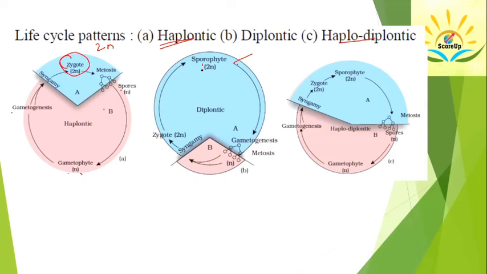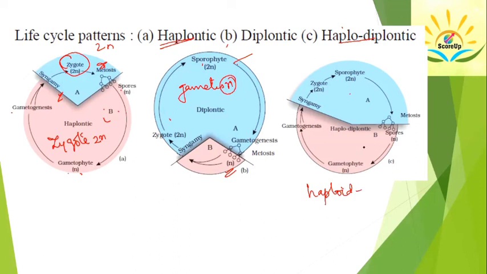Then in the diplontic life cycle, you can find many of the parts are diploid. Only the gametes alone are haploid. Then haplodiplontic is mixed. Here the zygote alone is 2n, and gametes alone are n.